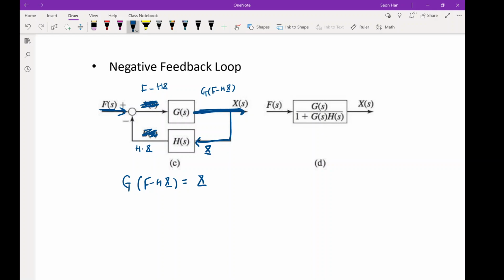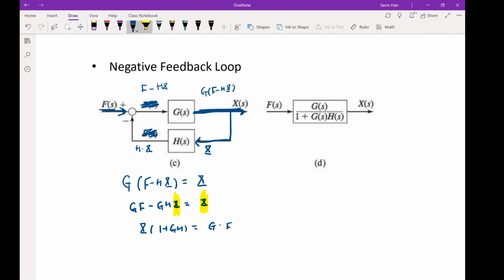Once you reach a line that you've been at before, you stop. Now let's distribute, and keep in mind you're always solving for the output. So you have X times 1 plus GH equals G times F.